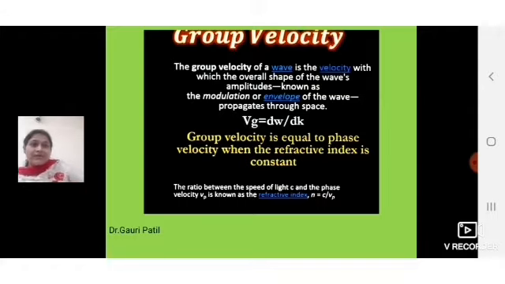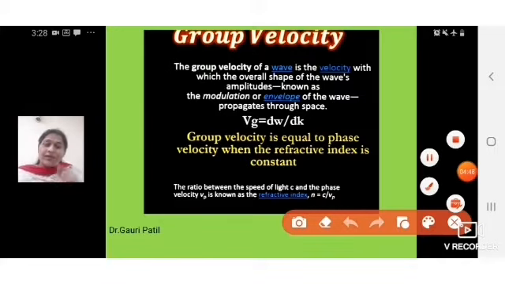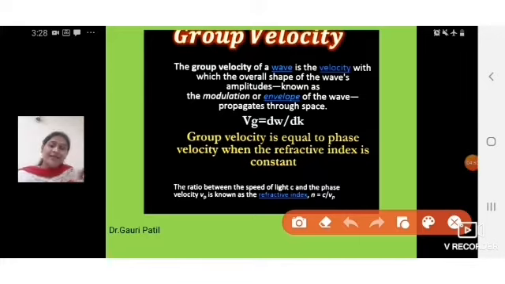So students, phase velocity is omega by k, and group velocity is d omega by dk. From these two conditions, you can understand the meaning of phase velocity and group velocity.